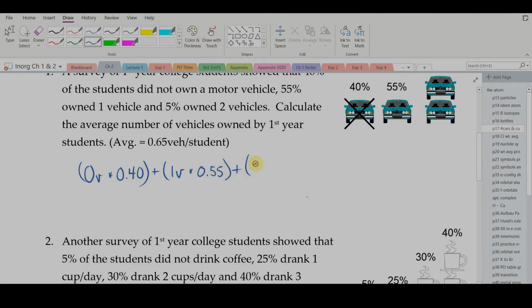And then we have a 2 vehicle student group, and only 5%, 0.05. And that would be 0 plus 0.55 plus 0.1, and the total is 0.65 vehicles per student. That's a weighted average calculation.